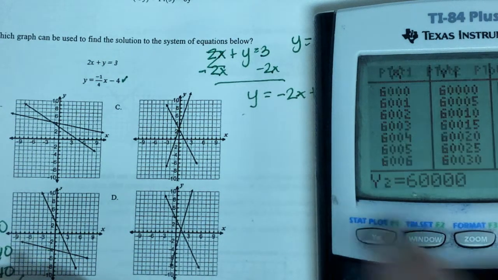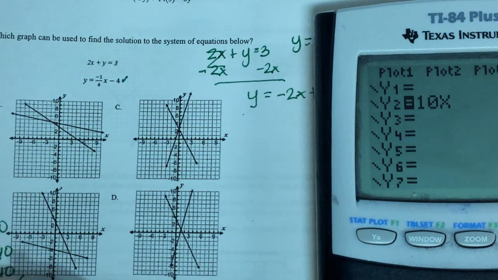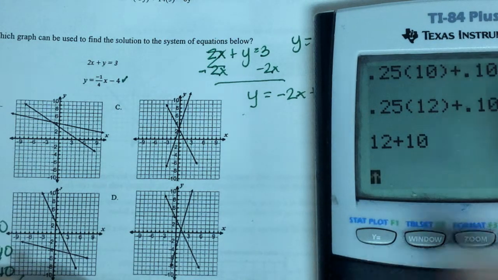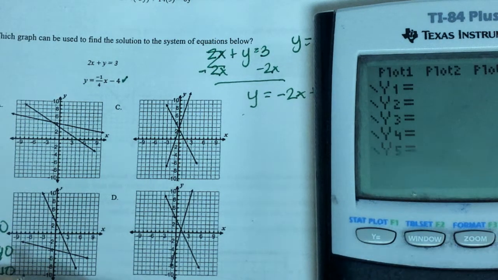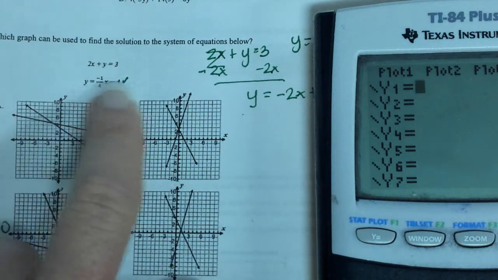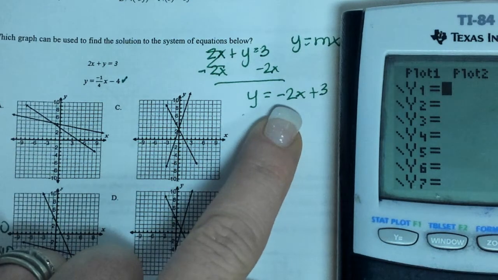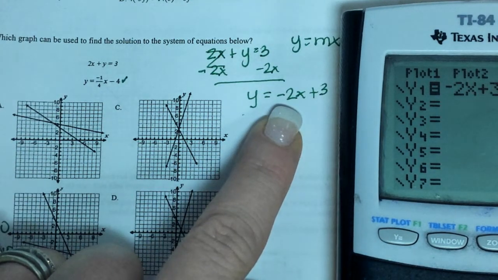So on the calculator, we're going to go to y equals. I'll put this one in here first, so that's negative 2x plus 3.